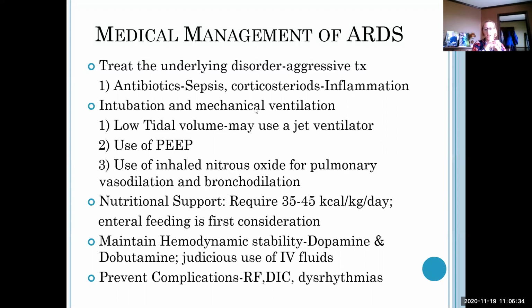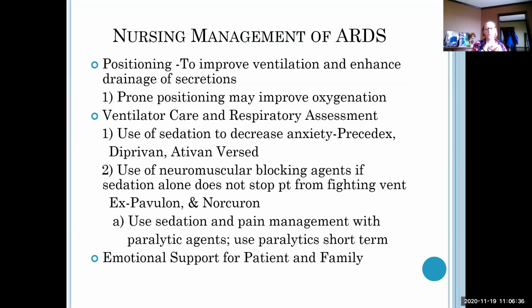So positioning, as I've already started to talk about, to improve ventilation and enhance drainage of secretions. The proning position can help improve that oxygenation. And ventilator care, respiratory assessment, sedation to decrease anxiety.